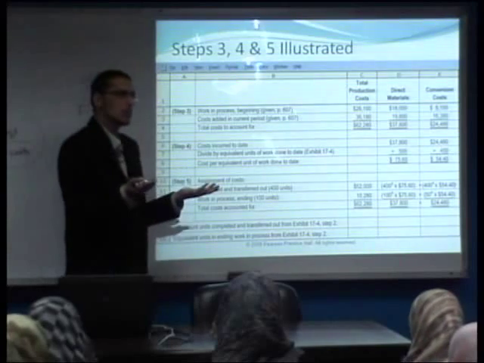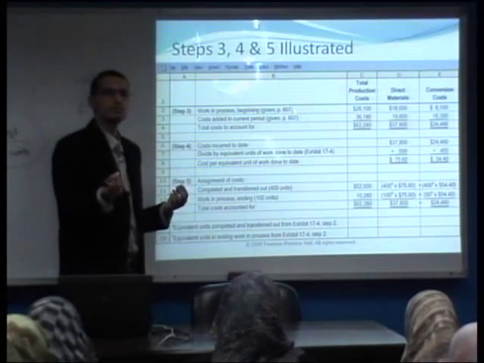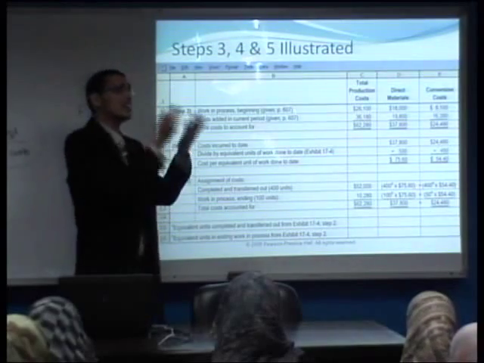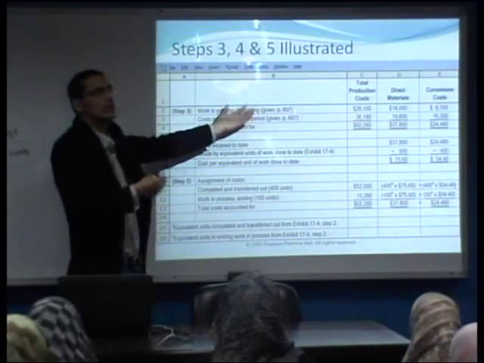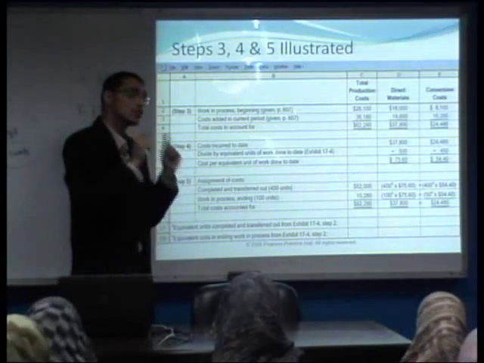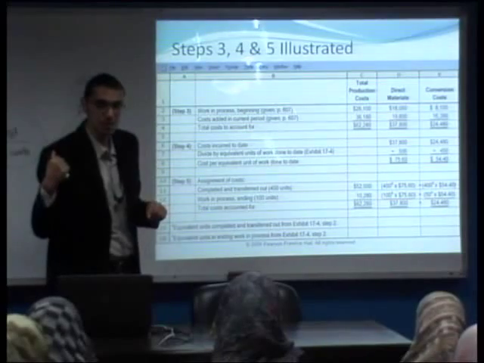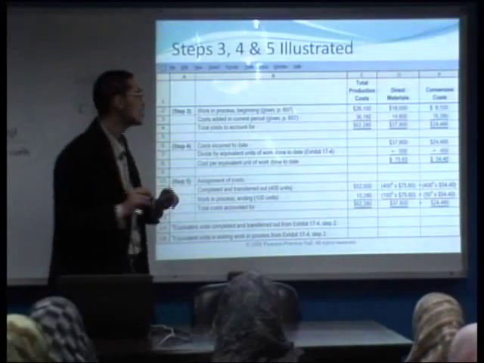The cost per equivalent unit is calculated by dividing the total cost to account for by the total number of equivalent units, whether these units were started in this period or within the previous period. This is the weighted average method.